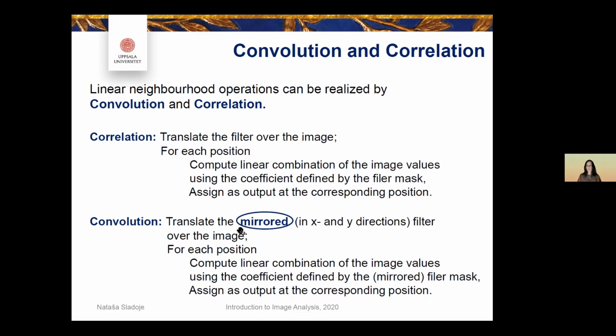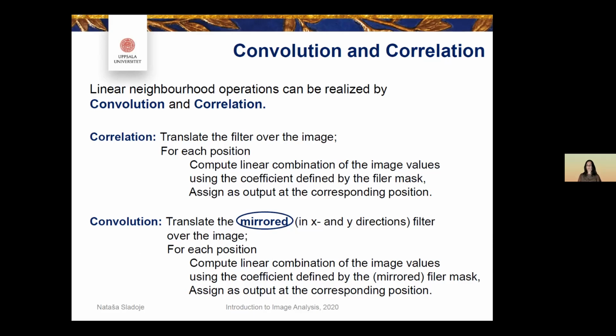For example, when we were computing the mean or even Gaussian, we wouldn't notice whether the filter was mirrored before application or not. So in these cases, we were performing both correlation and convolution. So in essence, there is not much of a difference between these operations.